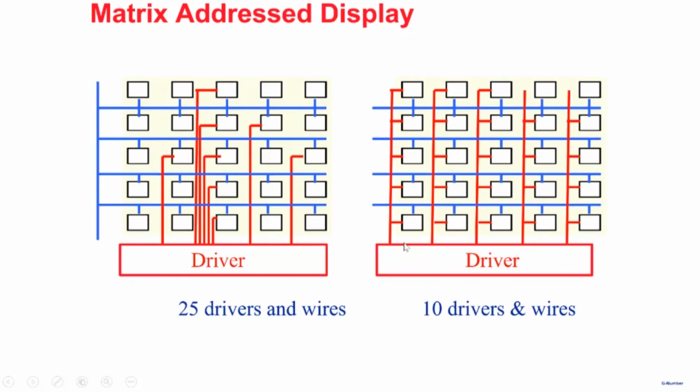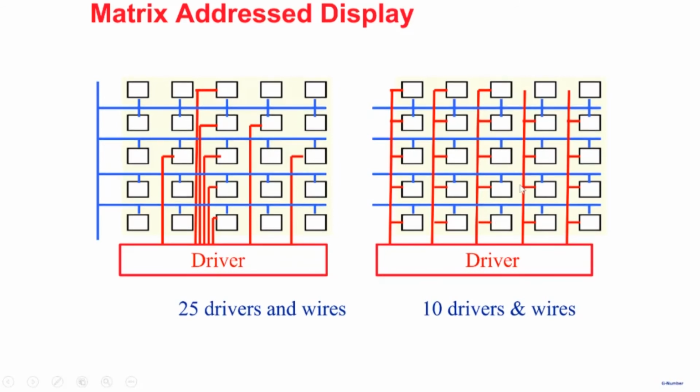So if you have 10 cross 10, or in this case we have shown 5 cross 5, you need 5 rows and 5 columns. So you need only 10 drivers, or 5 plus 5, 10 external connections, right? In direct addressing, each individual LED has its own connection, so you require 25, plus there is one common, so 25 plus 1. So you have 25 wires running, and here you have much less.